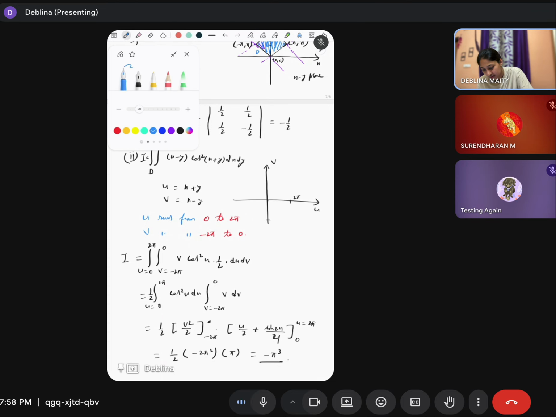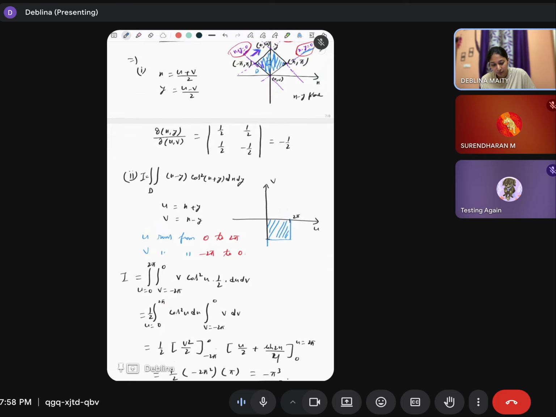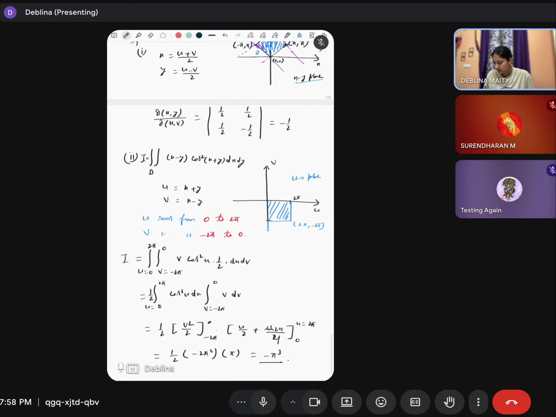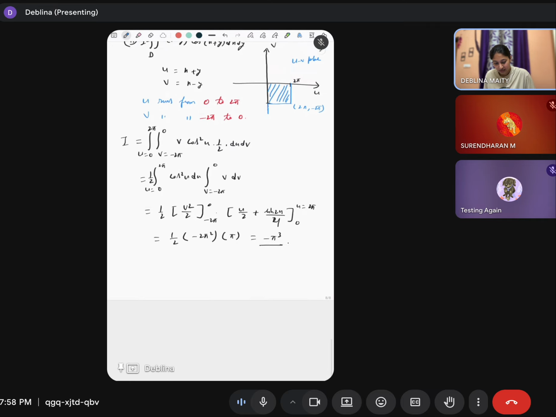So it is this region, this square. This is in the UV plane and this is the XY plane. Okay, so we'll go to the next question.